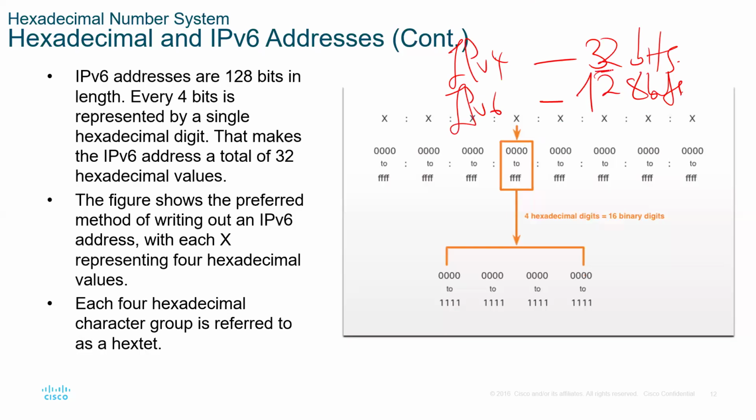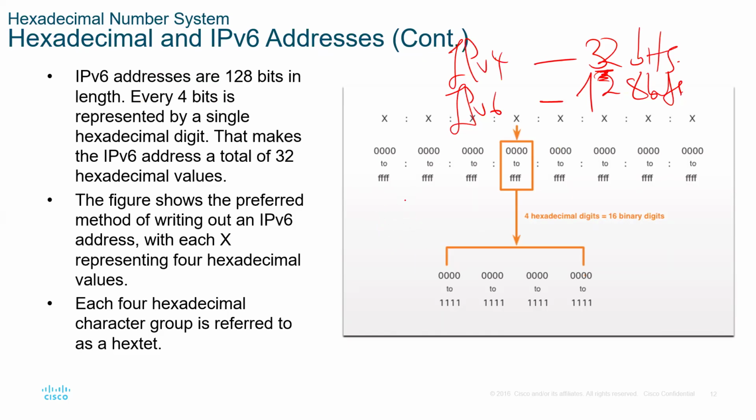IPv4's 32 bits are grouped into 8 bits, 8 bits, 8 bits, 8 bits, making 4 octets. With IPv6, every 4 bits are represented by a single hexadecimal number. So 128 bits in total divided by 4, what do we get? 128 divided by 4, we get 32.